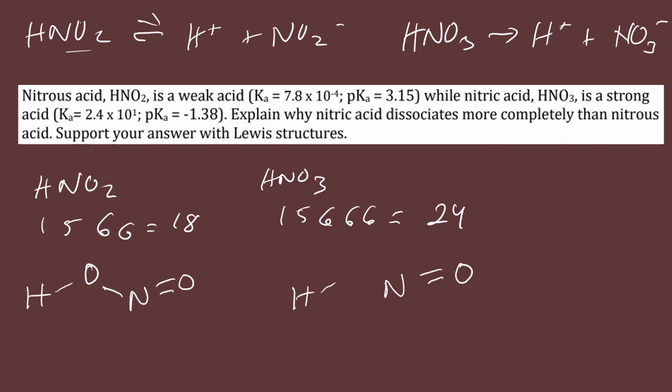Here we have 2 more oxygens to account for. It's very similar, but now we have to account for the third oxygen. So right now we have 2, 4, 6, 8 electrons here, and 2, 4, 6, 8, 10 here. Similarly to other double bonded O's, over here we're going to have 2 lone pairs.